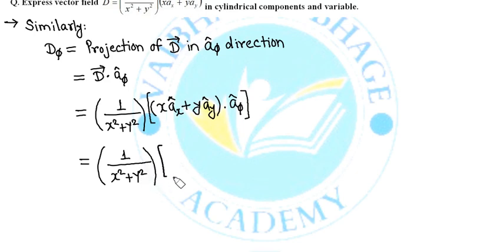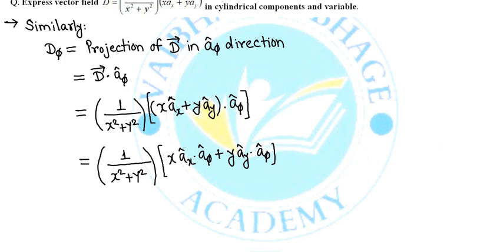Now this again I am going to write it for you. If you are confident enough that you can take this product directly, that ax dot phi, you can skip this step. No need to rewrite it again and again. Okay, so y ay cap into this phi.